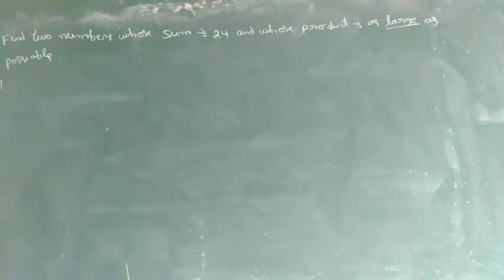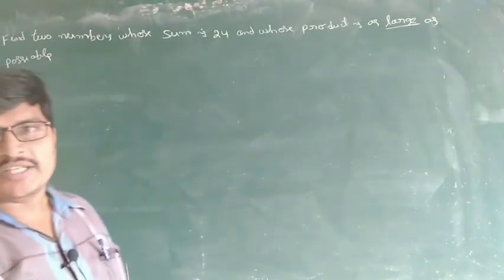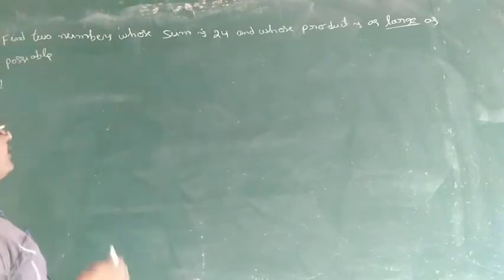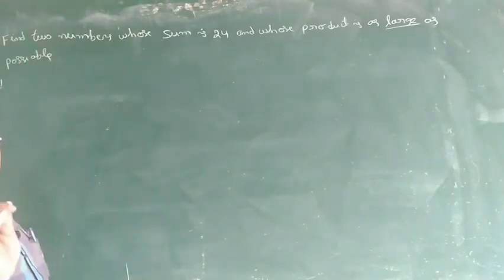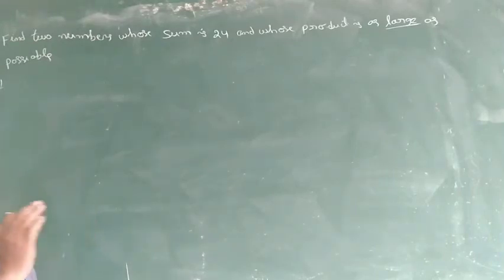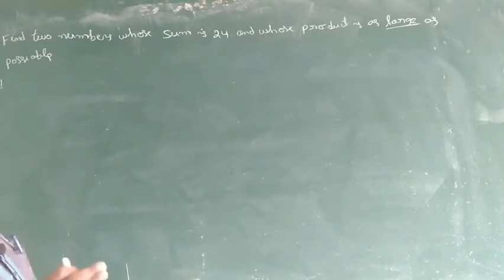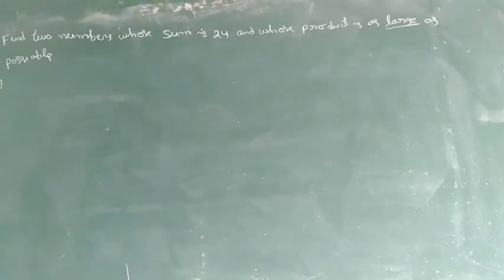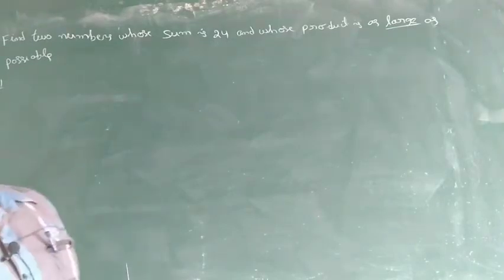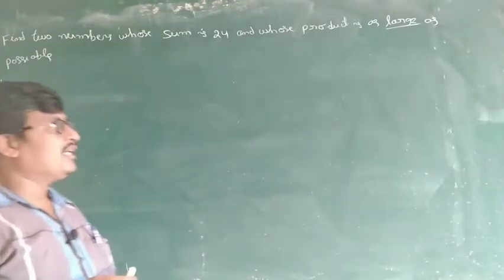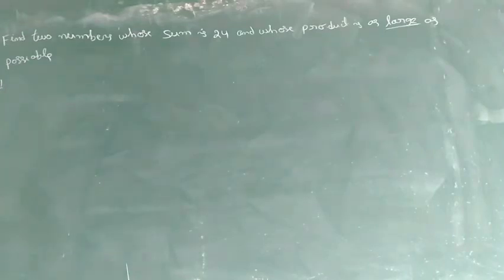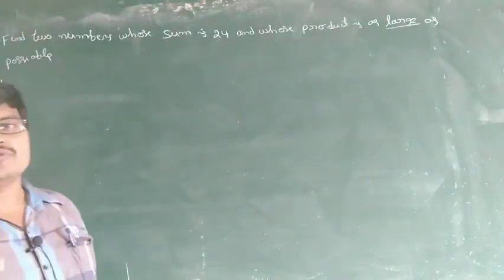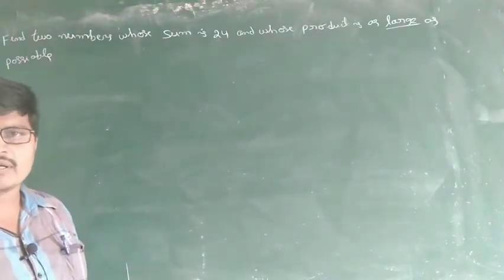Find two numbers. What is the meaning? Any two numbers whose sum is 24 and whose product is as large as possible. For example, let's take the two numbers x, y, or a, b, or anyone.